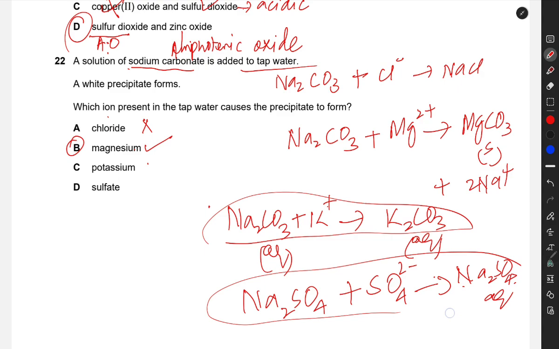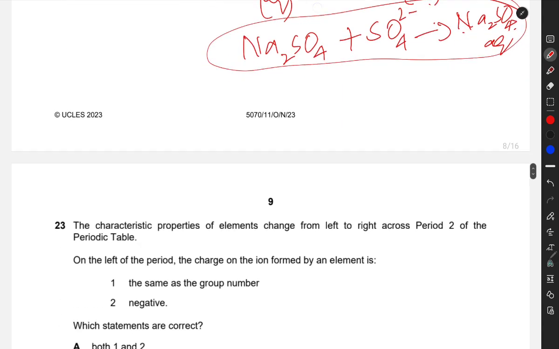In both cases the same aqueous solutions are there. So magnesium carbonate, and all carbonates are insoluble except group 1 carbonates and ammonium carbonate. So this is incorrect, and incorrect. B option is the correct option.